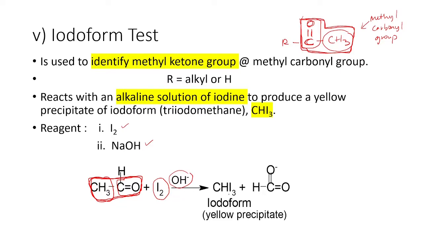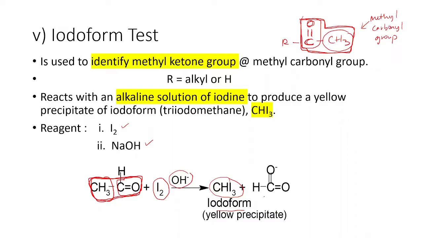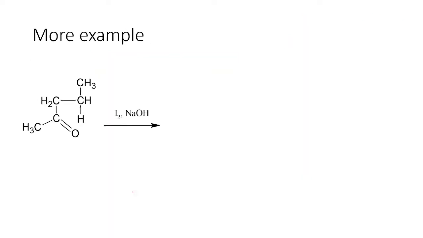So what you will get is CHI3. This is the iodoform, not CH3I, CHI3 iodoform. So this one is also a yellow precipitate. And this one is actually still carboxylate ion. So that is the iodoform test. Iodoform test is only to test for the presence of methyl carbonyl group or methyl ketone group.